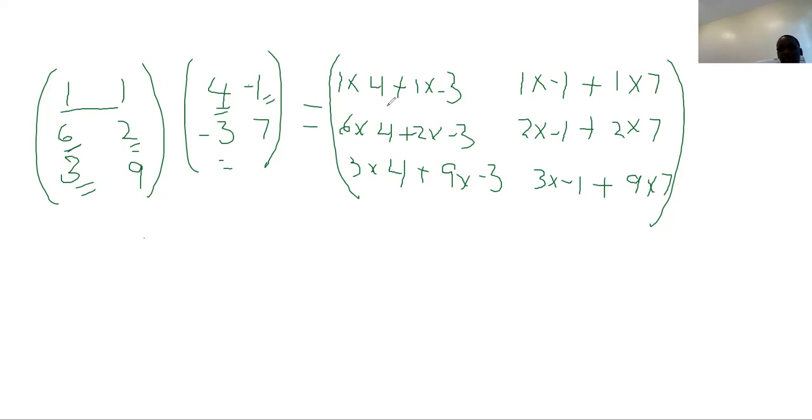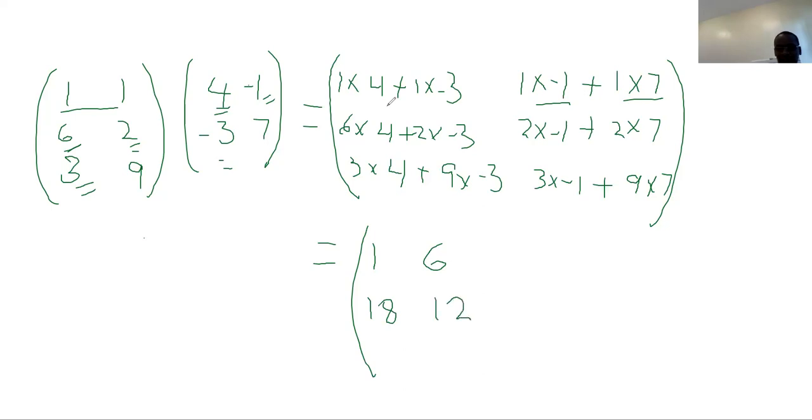Then you simplify. You get what? This is 4 plus negative 3, that's 1. This is negative 1 plus 7, so you get 6. This is 24 minus 6, that is 18. This is negative 2 plus 14, that's 12.